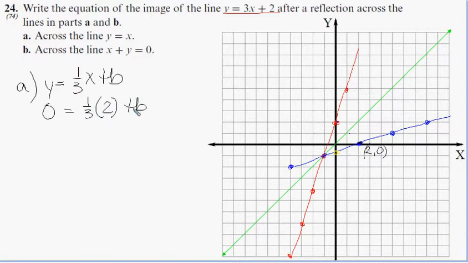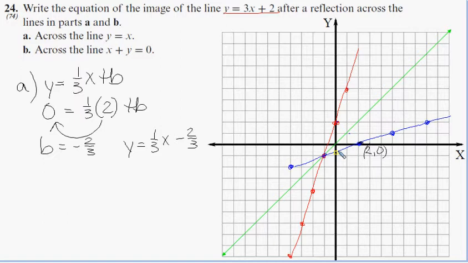When I do that and bring this over, I can quickly see that b is equal to negative 2/3. So y equals 1/3 x minus 2/3. That makes sense, and it matches our graph. So we've got that one done.